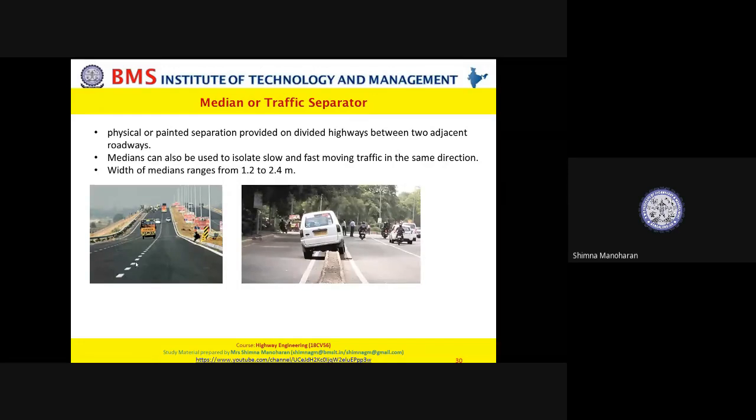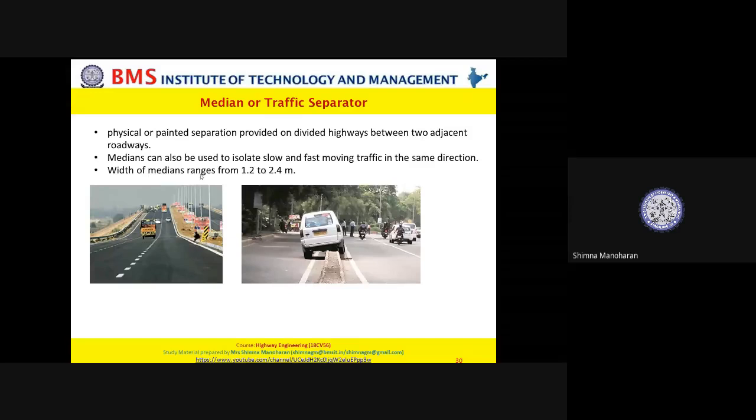Here, the lane is not divided. This is just a marking. But traffic separators or medians are usually provided to divide adjacent roadways or adjacent lanes. So here you have a median that is physical. It's like a physical barrier, whereas here you have a painted median.